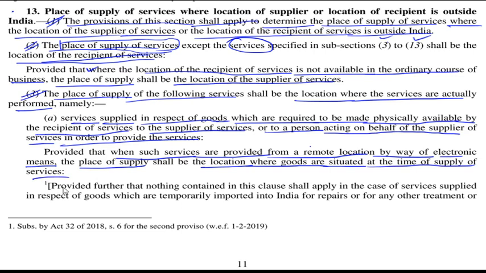There is another proviso. Let's see what it states.